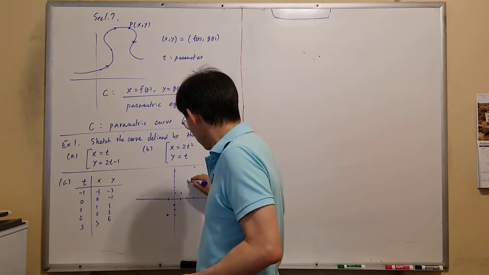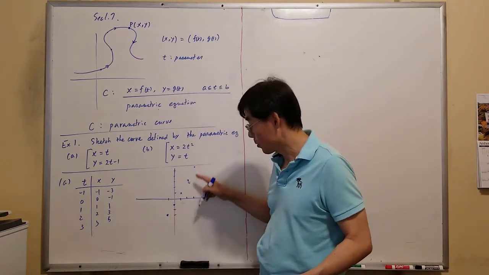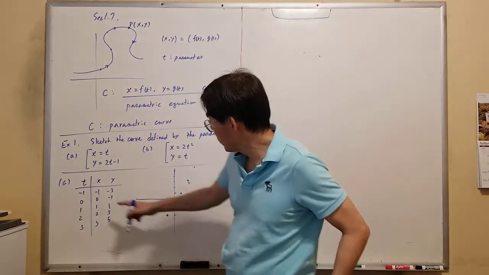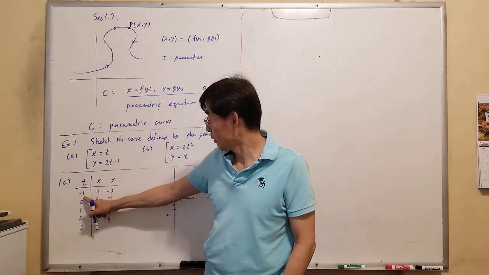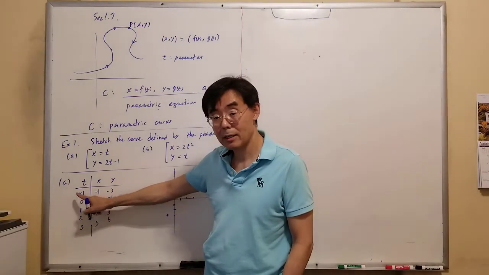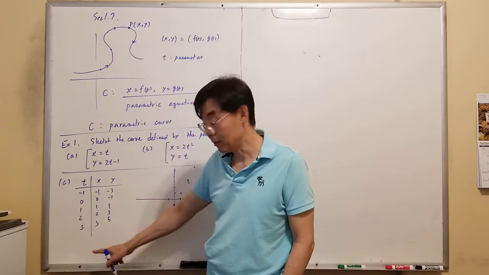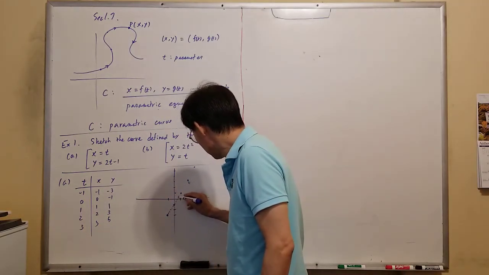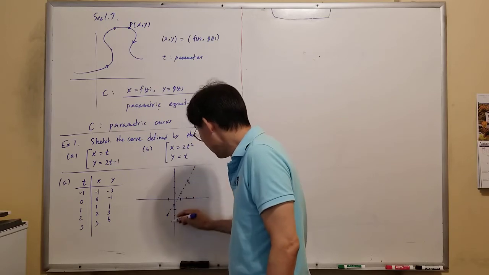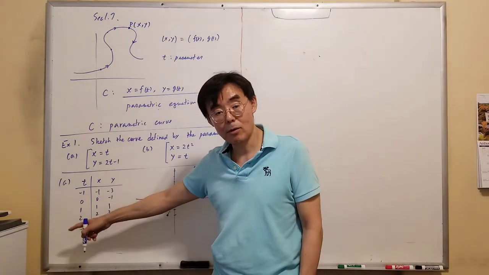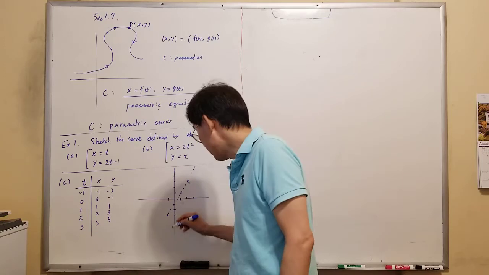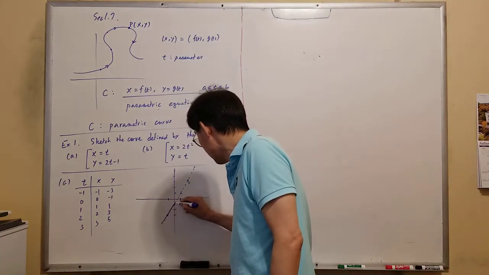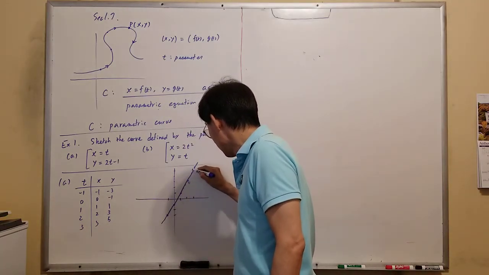So these points, right, as t goes from here. Now if you throw in more numbers, -0.9, -0.8, every 1/10, you will probably have these points. In the end, if you think about all the points corresponding to all real number values of t, it'll look like a line.